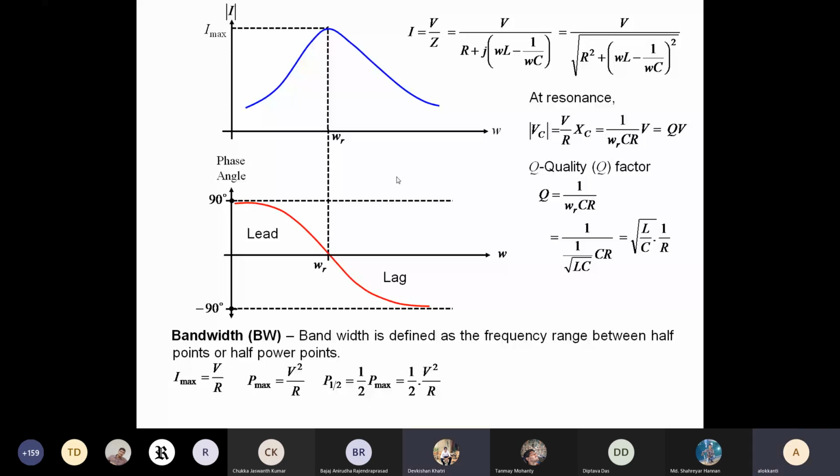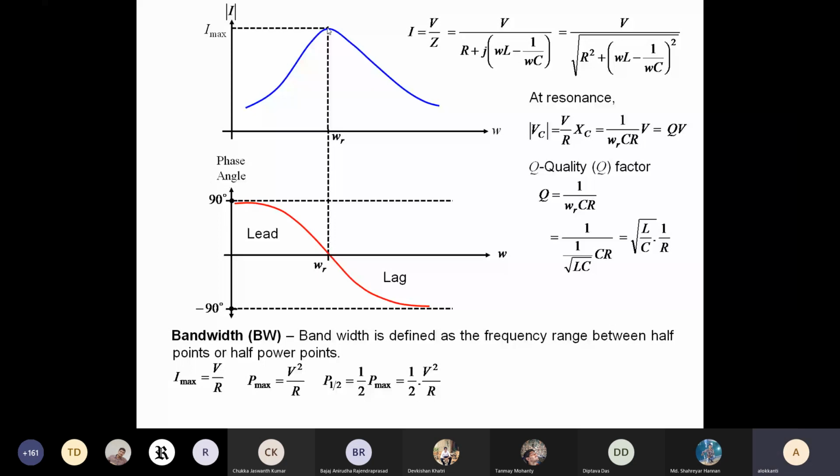If you vary omega, there will be different values of current, and there will be maximum power at Imax. At which value of current will it be exactly half of the maximum power?